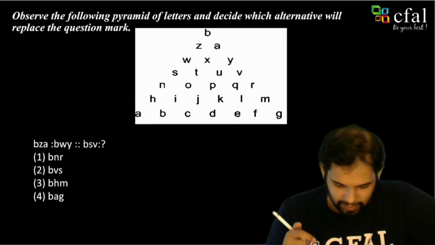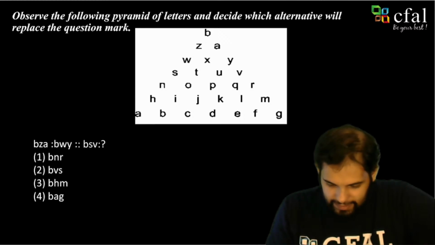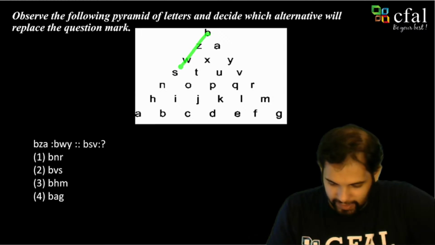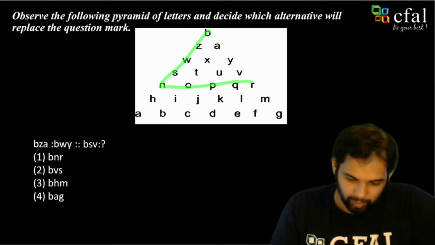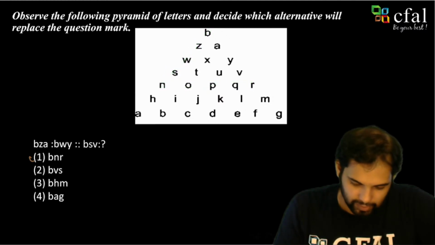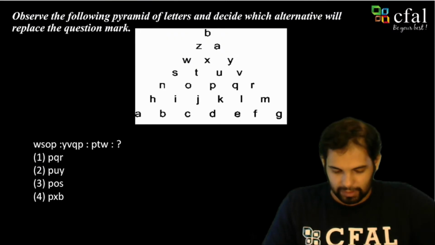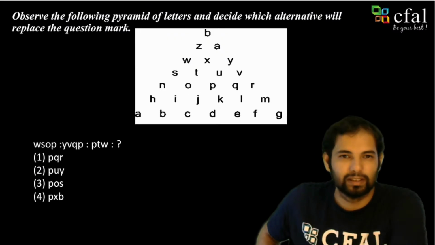Yes, I think you people can see the pattern now. ZA is right at the top, right? Big triangle here. BWY, another triangle, nice pattern, right? BSV, the next, obviously, so pretty easy. BNR should be a right answer. So, option 1, yes.